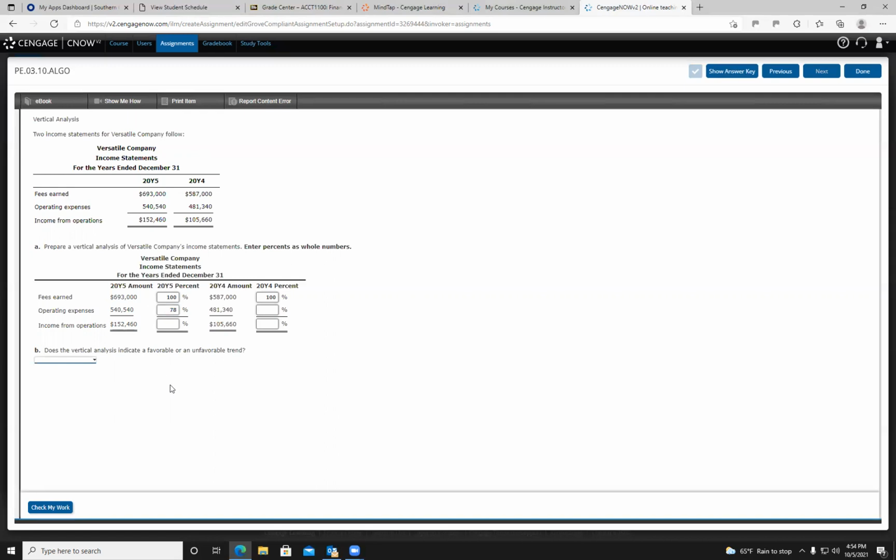Do the same thing over here. We're going to take 481,340, divide it by fees earned, which is 587,000. Multiply that by 100, and that should give us 82%.